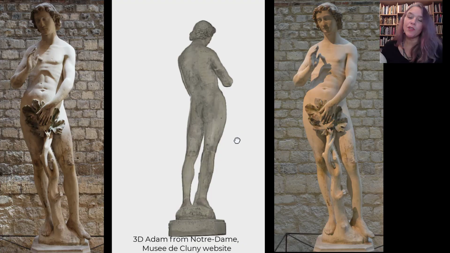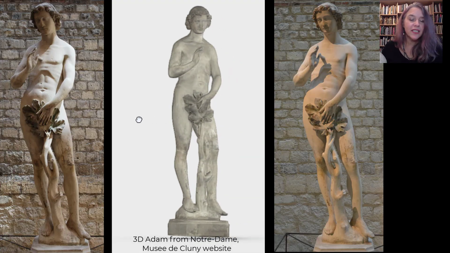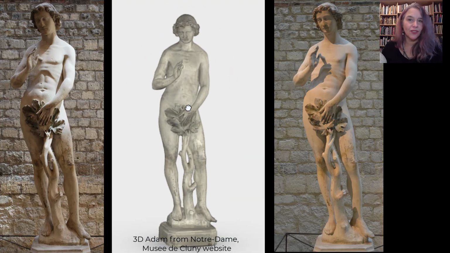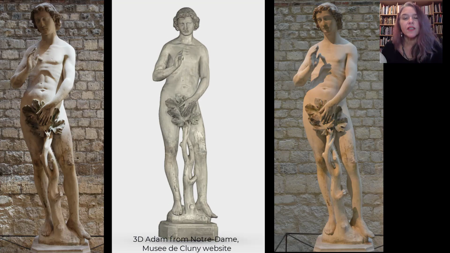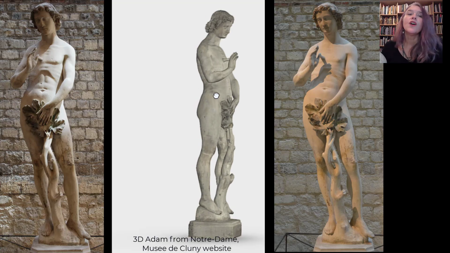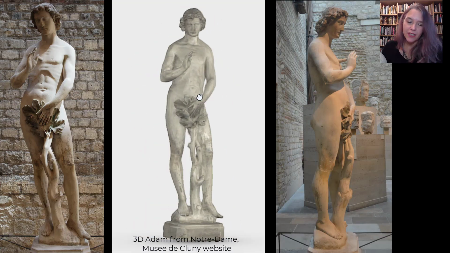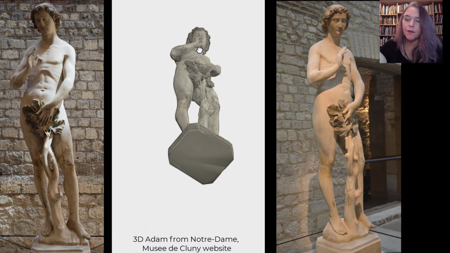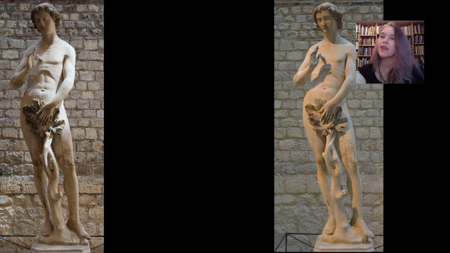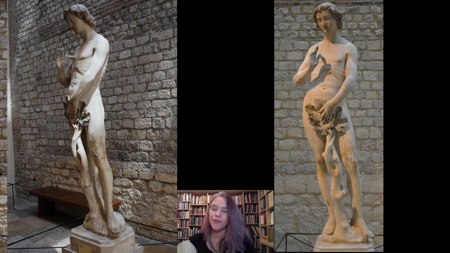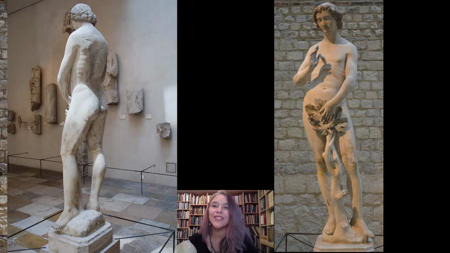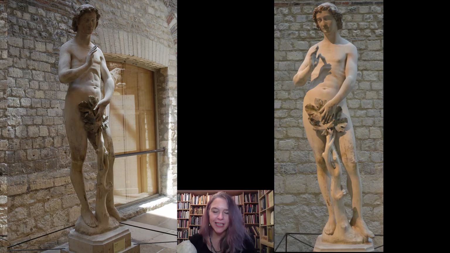Once the model is published online, we have the agency to see the work from every possible angle and degree of proximity. While this mode has its advantages, it also has problems, for it ignores the site specificity of the sculpture, its weight and mass, something that comes out, I think, more effectively when you see a sequence of images of the figure from a grounded standpoint in the space.